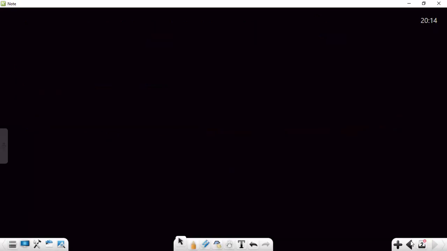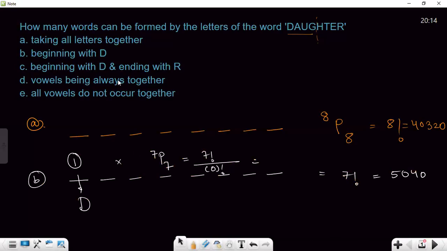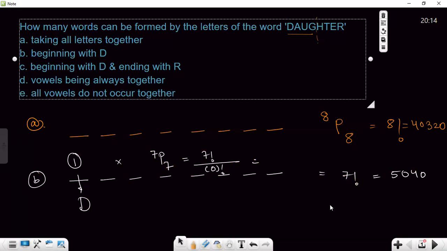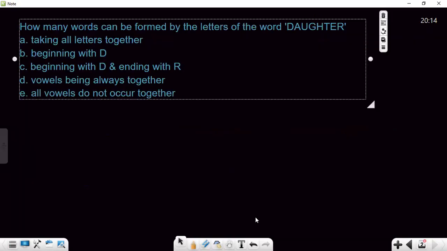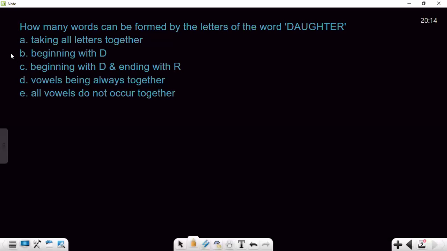Let's move forward and take the question with us. The next slide. Now we are done with A and B parts. Let's discuss the C part, where we have to make a word which is beginning with D and ending with R. Out of 8 letters, we have used 2.